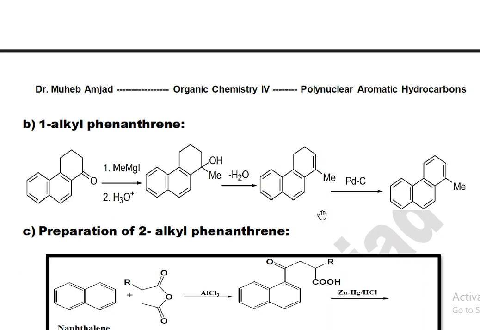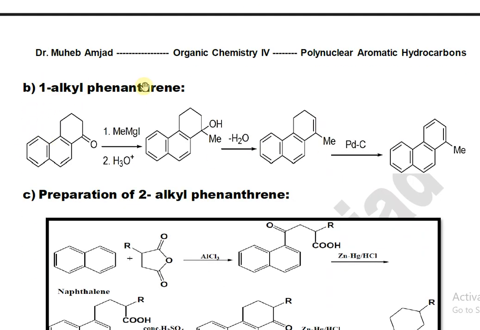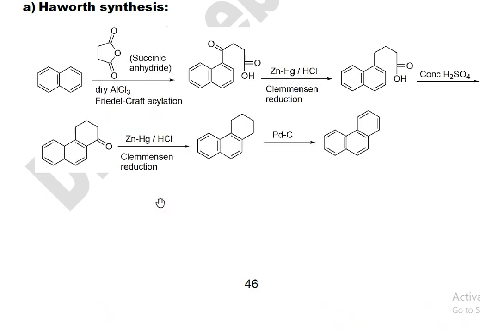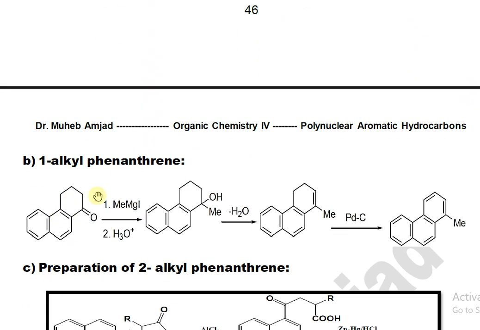So if we want an alkyl phenanthrene, also from this step, it will react with a Grignard reagent, methyl MgI, that means CH3 MgI.